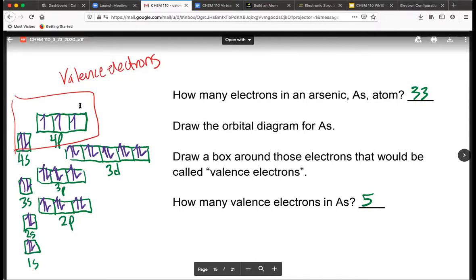So when we think about our valence electrons, those are the electrons that are open and accessible and can be grabbed. These single electrons have to individually fill each orbital. If we had more electrons, then we could pair them up. But in this case, because we only have 33, we have 5 valence electrons, 2 of which are paired and 3 of which are single.